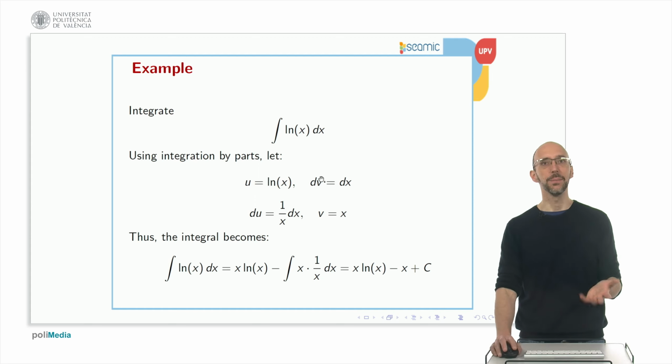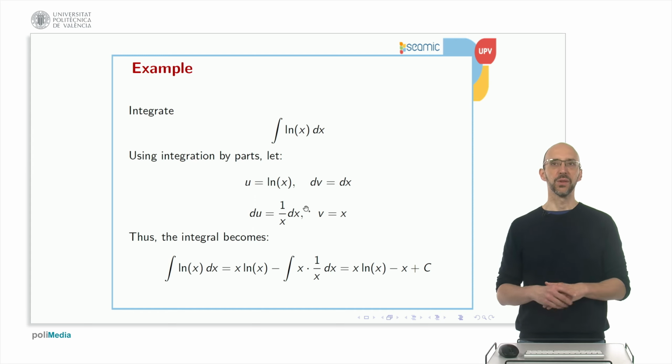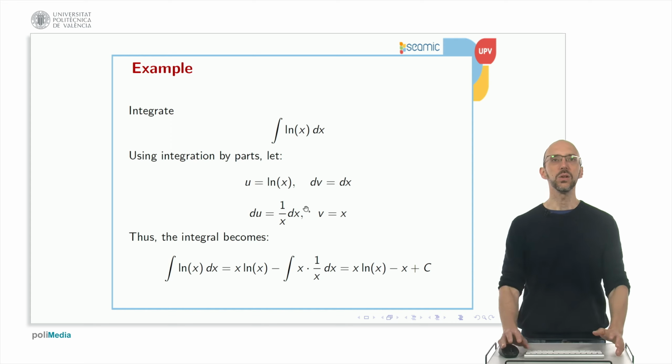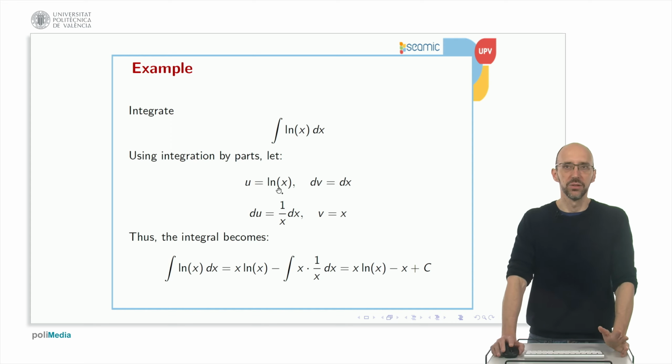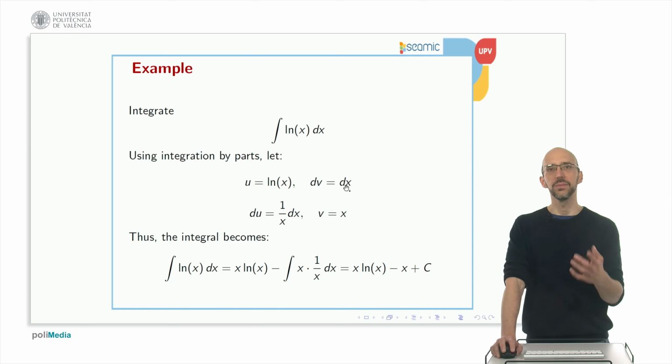But it also doesn't make sense if you call dv the logarithm, because you are going to integrate logarithm, which is exactly the same problem you have here. So in these two examples, when you have natural logarithm of x and the arctangent, u should always be the logarithm function. So, if u is the natural logarithm, dv is just 1 times dx.